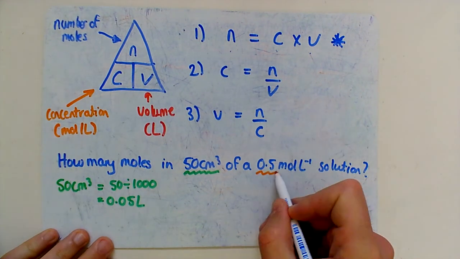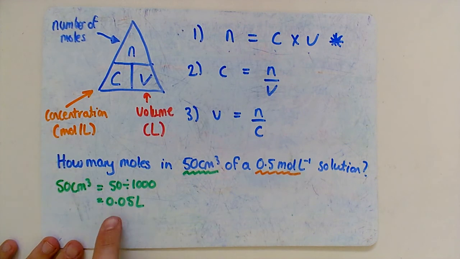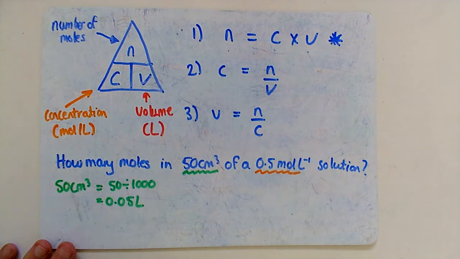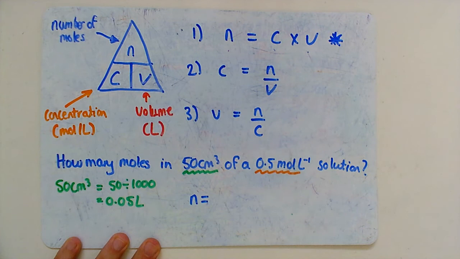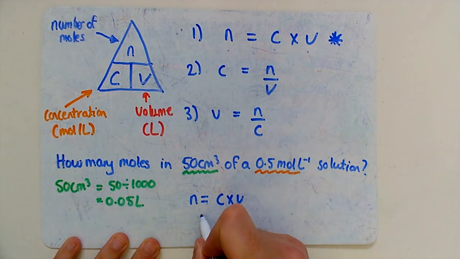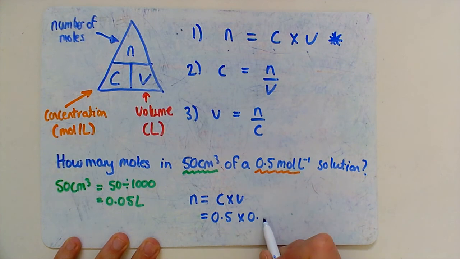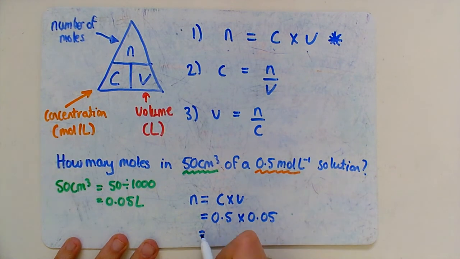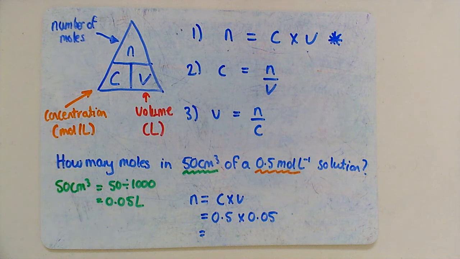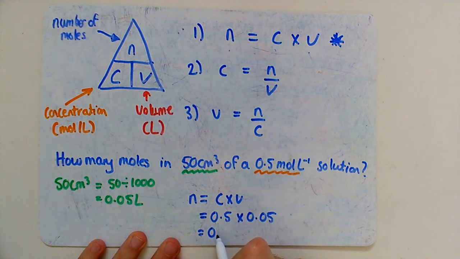We have our concentration. So we have got a volume, we've got a concentration, so we're going to use the top equation. N equals C times V, which is 0.5 multiplied by 0.05, which equals 0.025 moles.